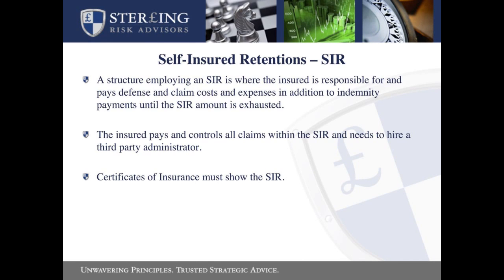Self-insured retention is different. Self-insured retention is a structure where you're responsible to pay the defense and the claims costs and expenses in addition to the indemnity payments until the self-insured retention is exhausted. So that could be anywhere from $5,000 self-insured retention to $100,000 to $250,000, and you pay and control all the claims within the self-insured retention.